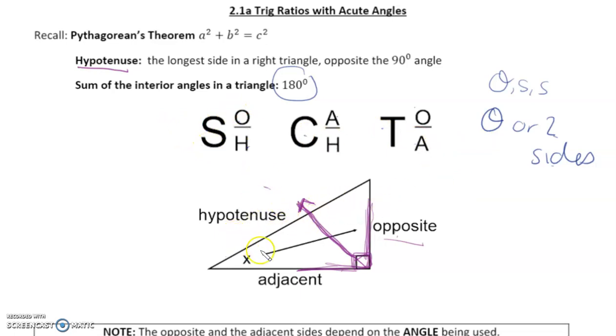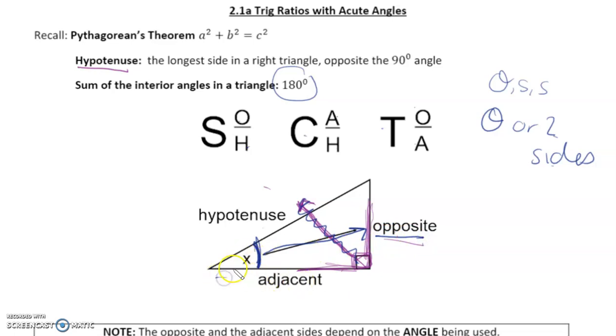Okay, so what we want to do is label whatever angle we either have or we're looking for. And relative to that angle, we have to label the opposite and adjacent sides. So yes, hypotenuse is opposite the right angle, but it's not the actual opposite side. So opposite to x, we can put an arrow through it. It's here.